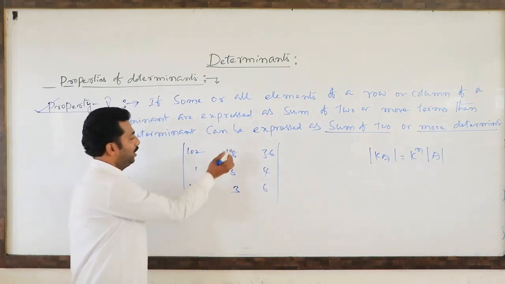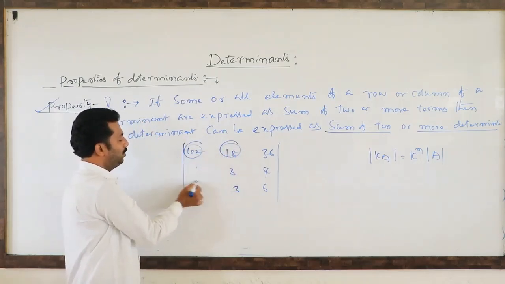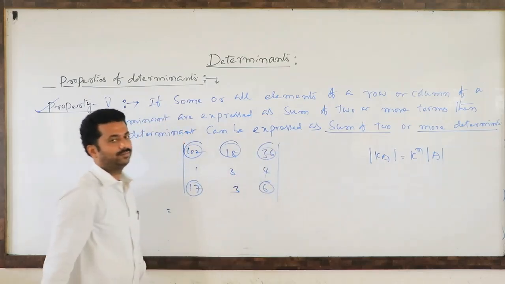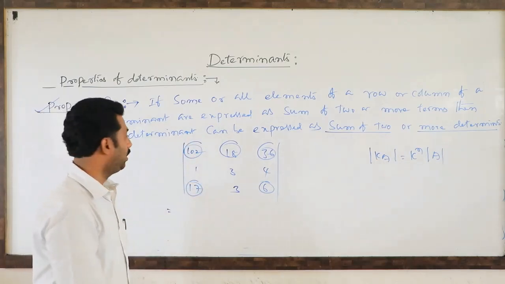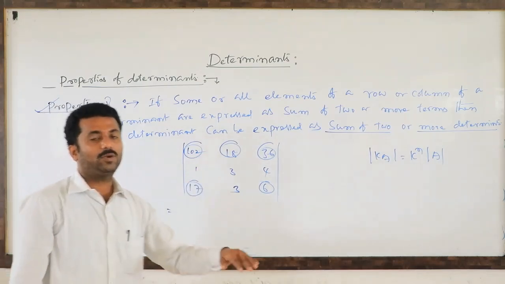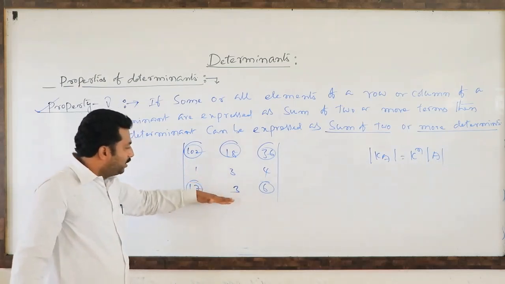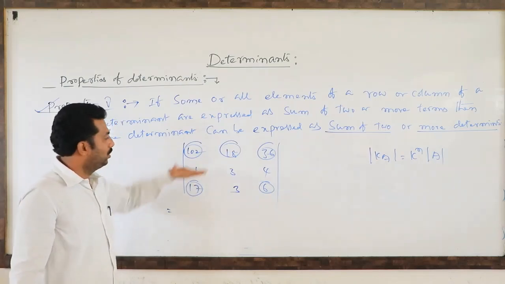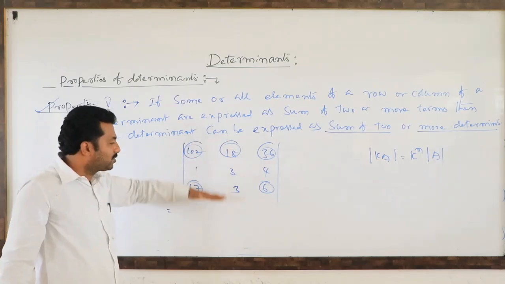Very clear. 102 is a multiple of 17, 18 is a multiple of 3, 36 is a multiple of 6. I told you clearly, these two rows are proportional: one row is expressed as multiples of the corresponding elements of another row.